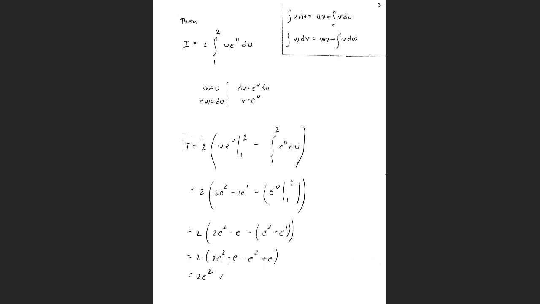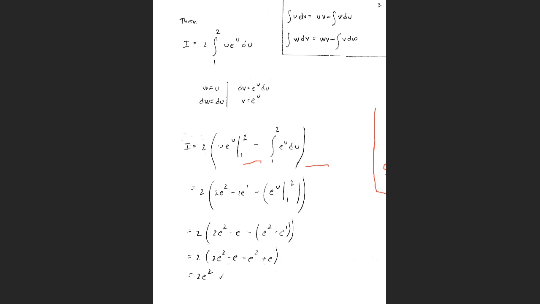Now I'll make a comment, actually, up here. It'll address one of the questions that you all had. What if, instead of letting w equals u and dv equals e to the u du, I let w equal e to the u, and I let dv equal u du?